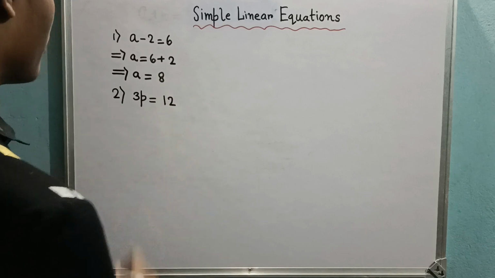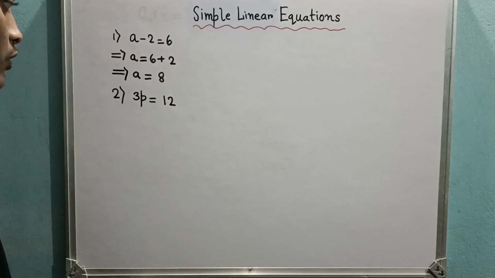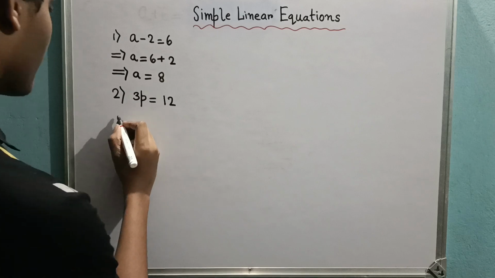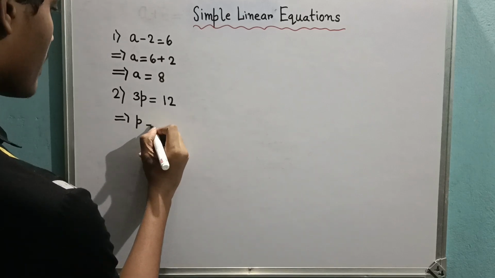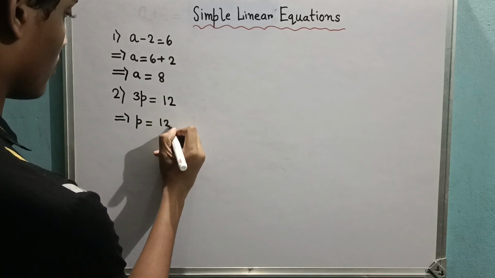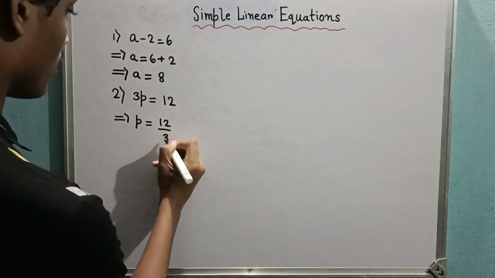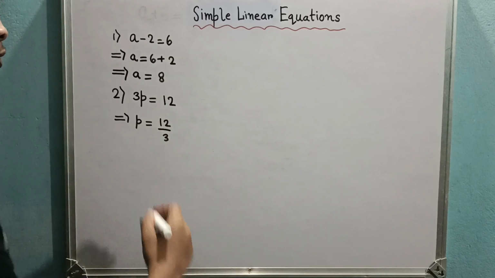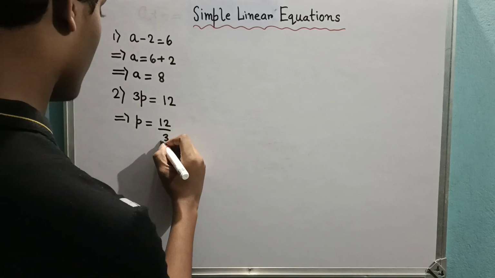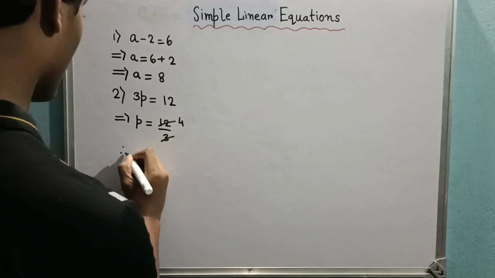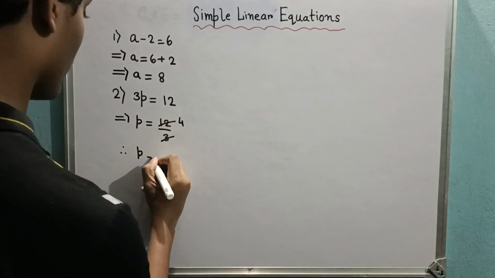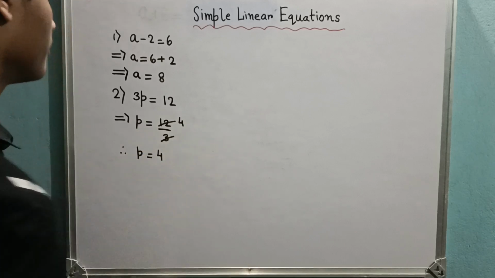Now again, we just have to divide here, as you can see. So 3p is equal to 12. This can also be written as p is equal to 12 divided by 3. And if we just do simple division, then 12 divided by 3 is equal to 4. Therefore, p will be 4. So this is the answer of the second question.